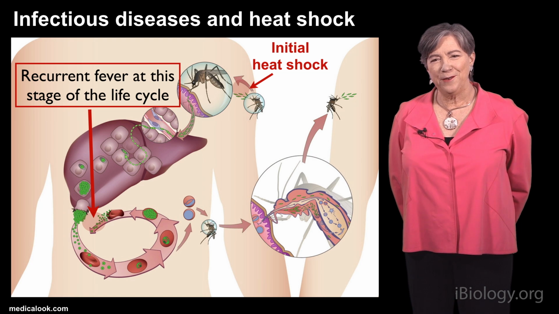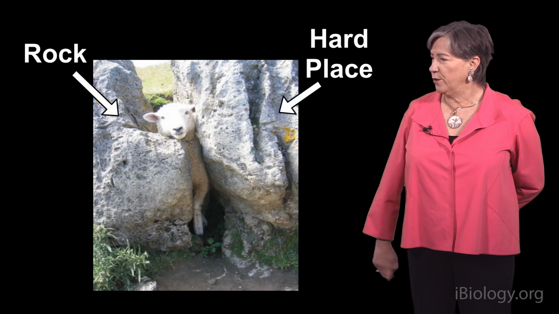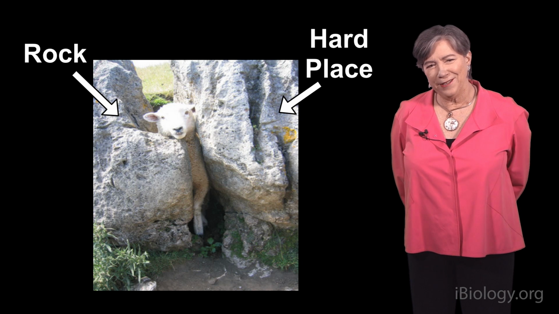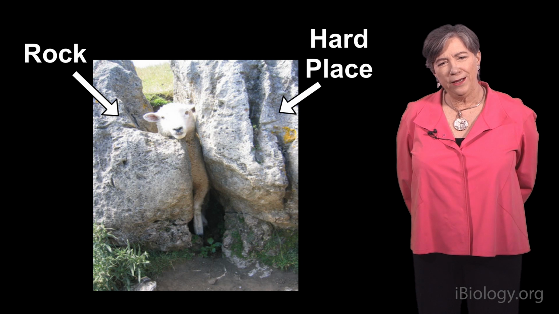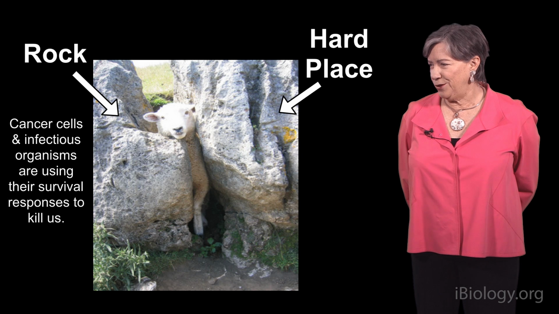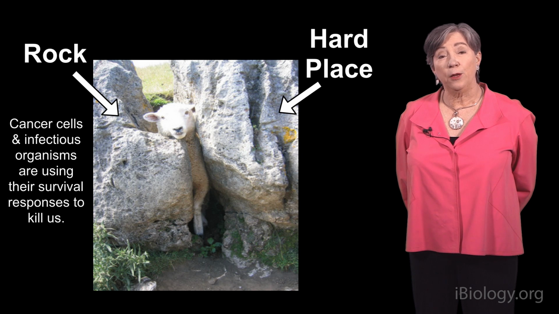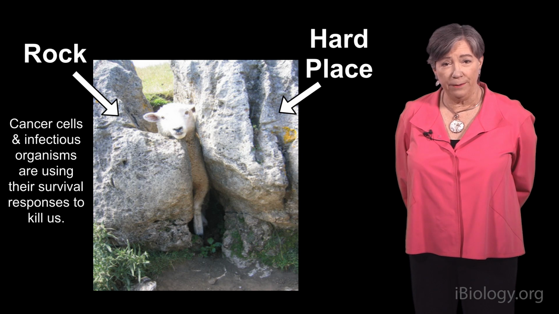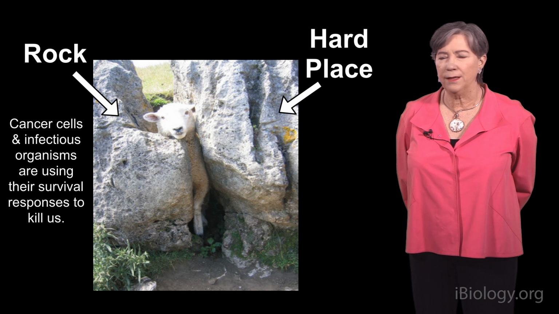Unfortunately, I won't have time to talk to you about that today, but I do want to talk to you about aspects of protein folding in cancer and neurodegenerative diseases. With respect to cancer and neurodegenerative diseases, we are actually between a rock and a hard place, because it turns out that cancer cells and, in fact, those infectious organisms, as I just mentioned, are using their survival response to power on through all kinds of stresses and kill us.